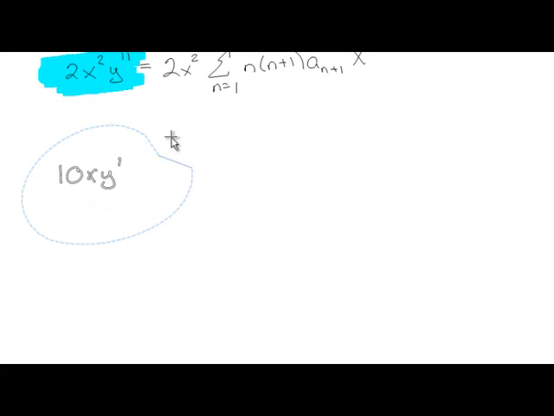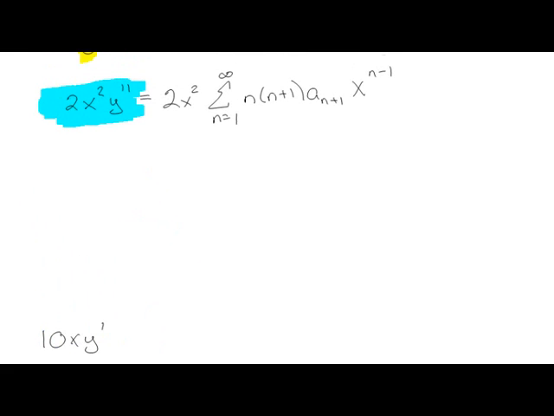What I need to do next is throw the 2x squared inside. Whenever I do that, I have 2 n plus 1, a sub n plus 1, and then x squared times x to the n minus 1 is going to give me x to the n plus 1.